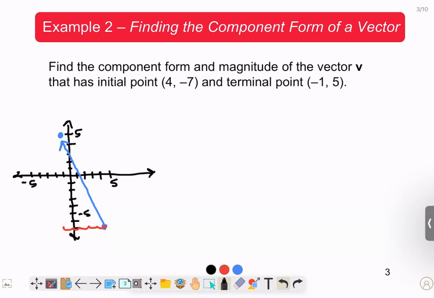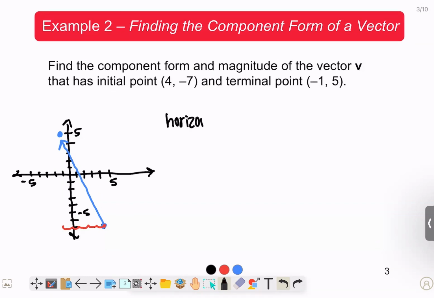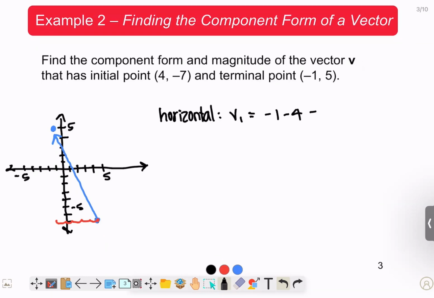So we would start with the terminal point and subtract the initial point, starting with just the x values. So in this case, that would be -1 minus 4, which would give us -5.